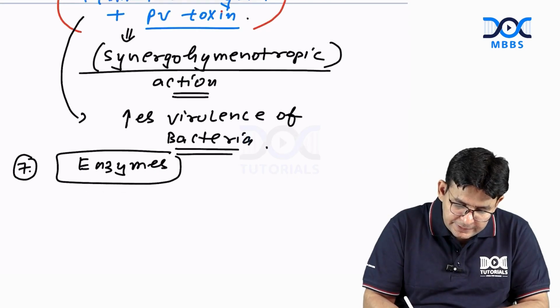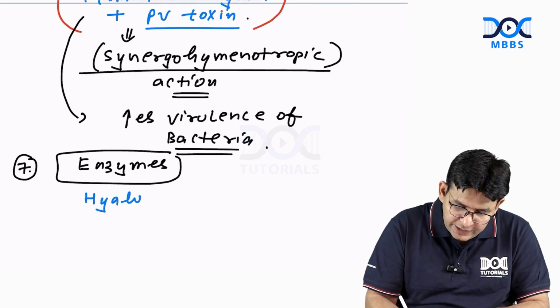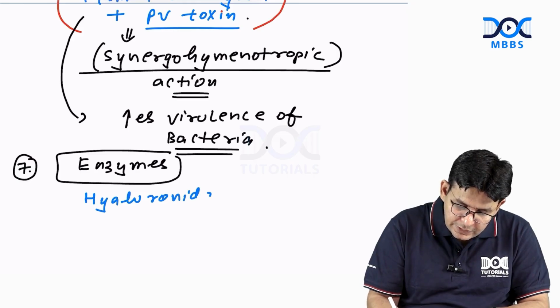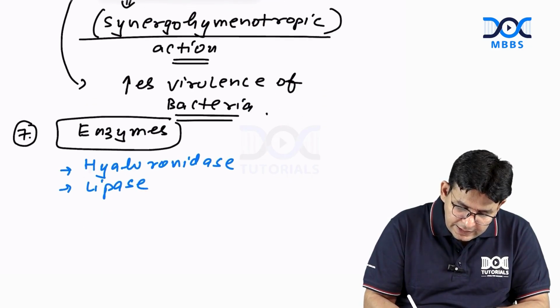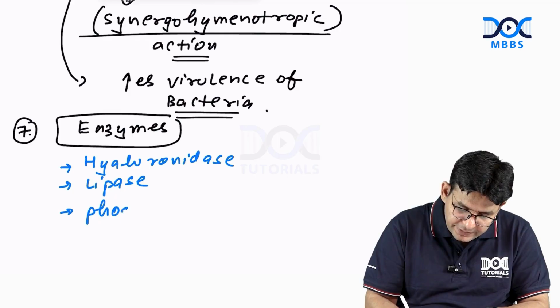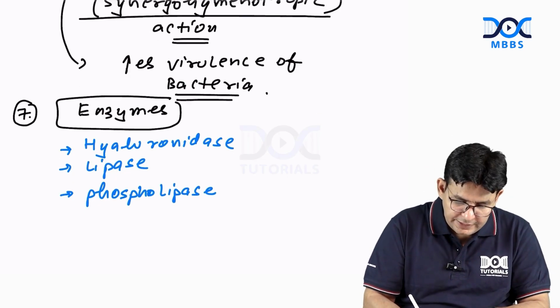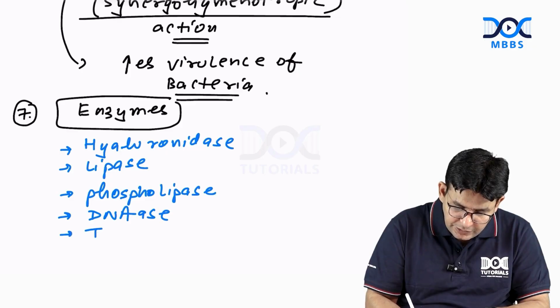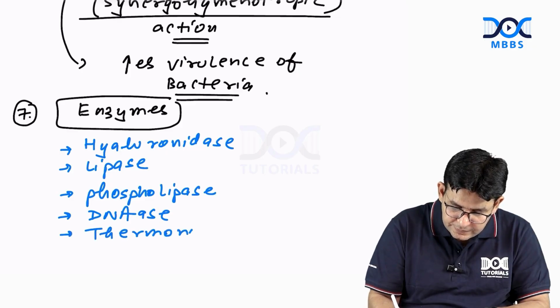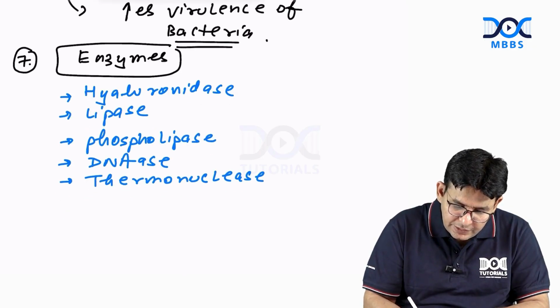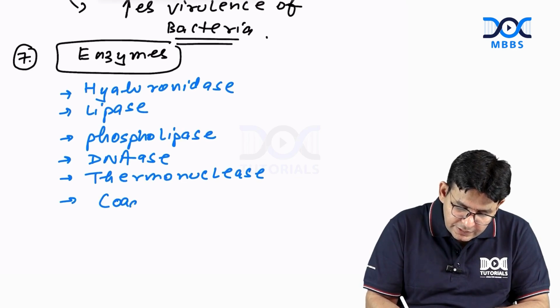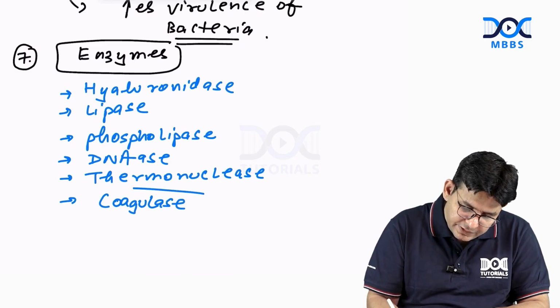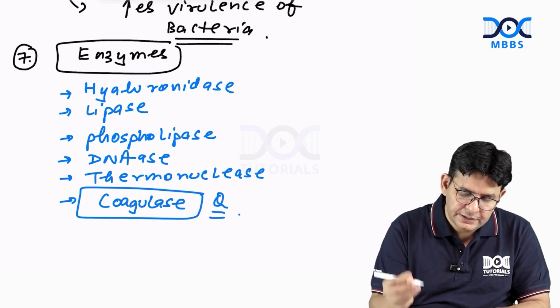They are hyaluronidase, lipase, phospholipase, DNase, thermonuclease, and, no doubt, the main one is coagulase.